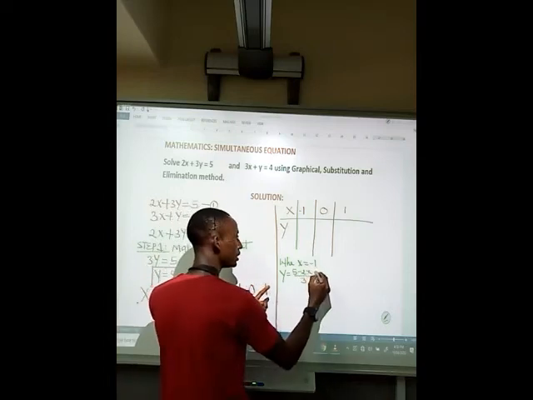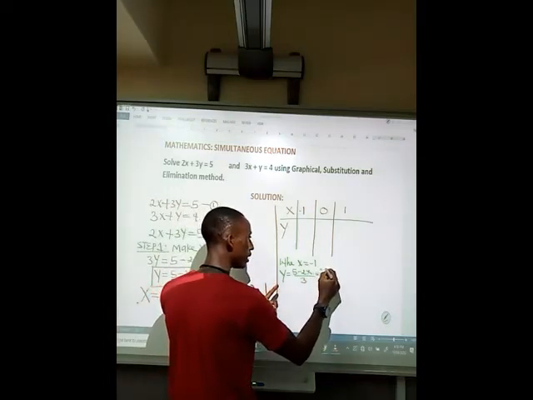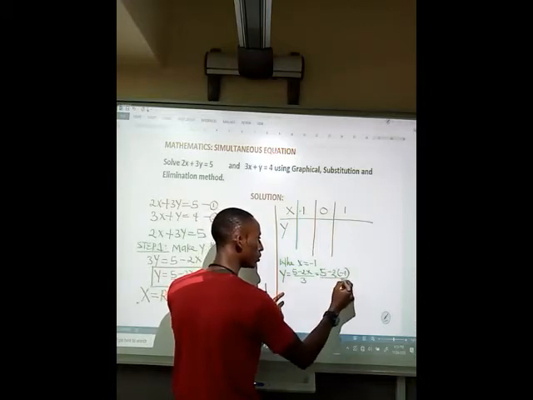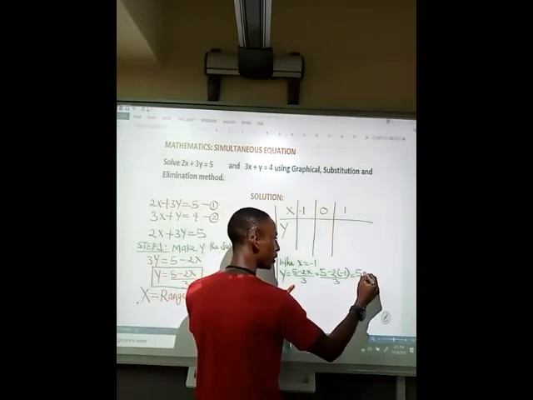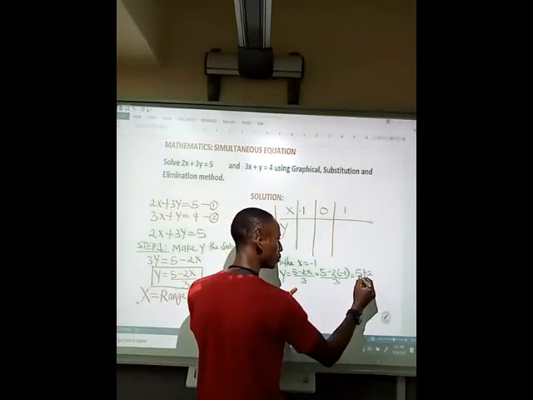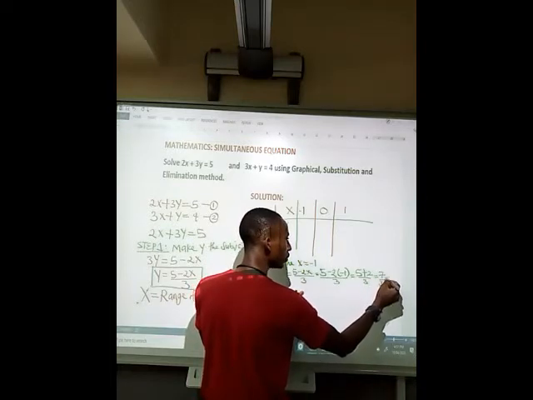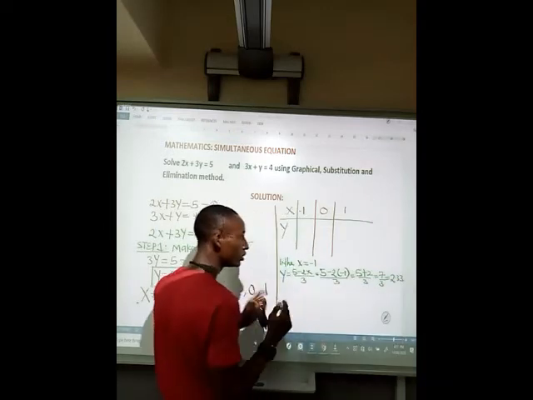So this can now be written as y equals 5 minus 2 into bracket minus 1, over 3. So what you do here, you simplify this to be 5 plus 2 over 3, which gives you 7 over 3. And 7 over 3 in decimal gives you 2.33. You are done with that when x is equal to minus 1.